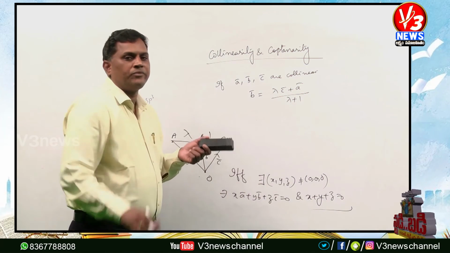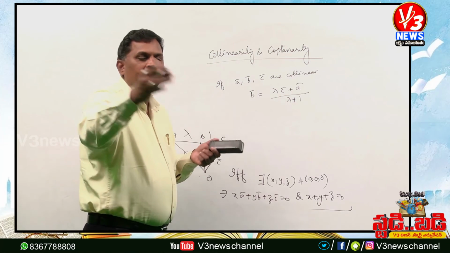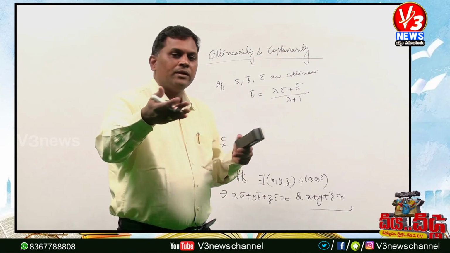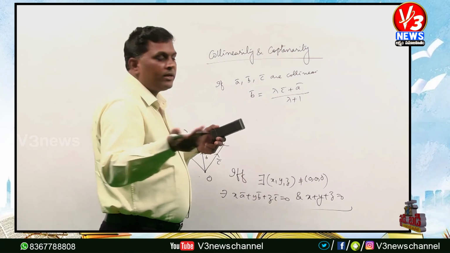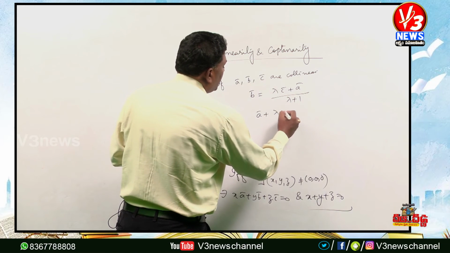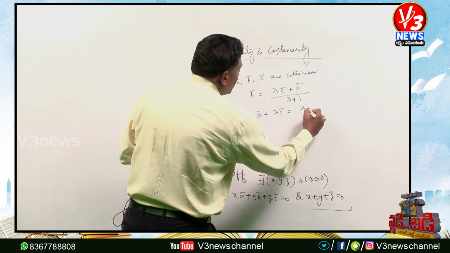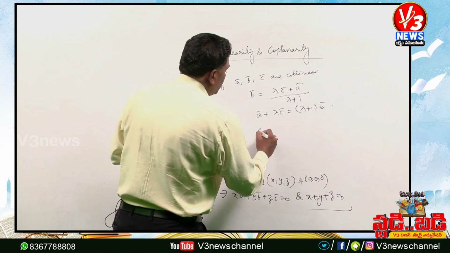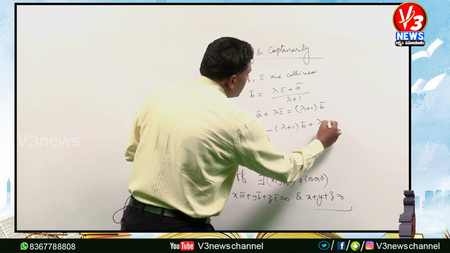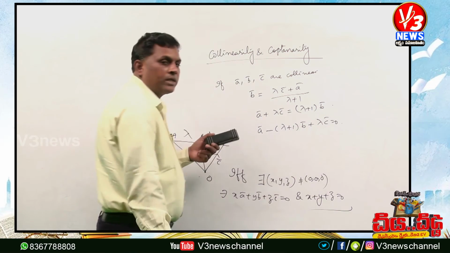If they are collinear, one will divide the other two in a certain ratio, maybe internal or external. That's why I am taking the ratio randomly as lambda and 1. So A bar plus lambda C bar equals (lambda plus 1) into B bar, that is, A bar minus (lambda plus 1) B bar plus lambda C bar equals 0.